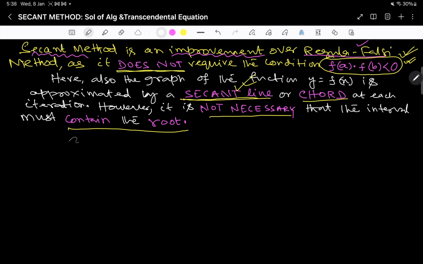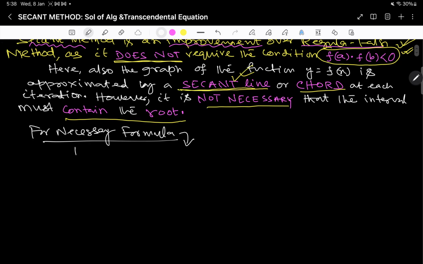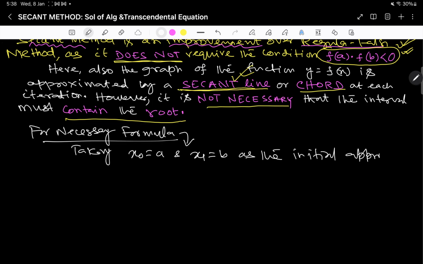In view of the necessary formula, we consider the initial condition as earlier, taking x0 equal to a and x1 equal to b as the initial approximations, that is, f(a) into f(b) negative.